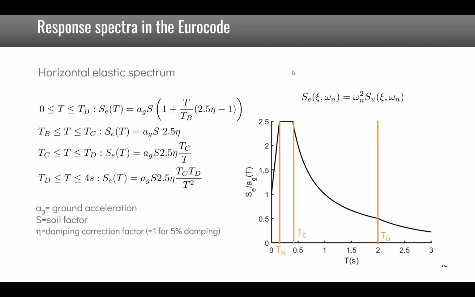In this equation there is AG, which is the ground acceleration, S is a soil factor, depending on the type of soil, and eta is a damping correction factor, which is equal to 1 for 5% damping.